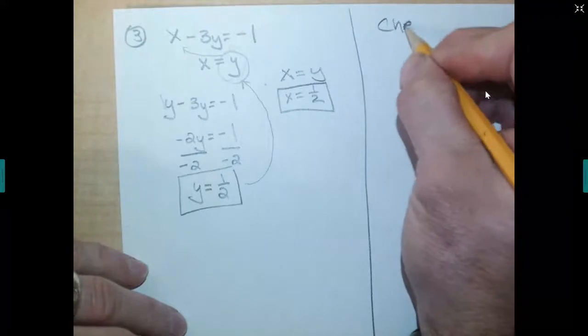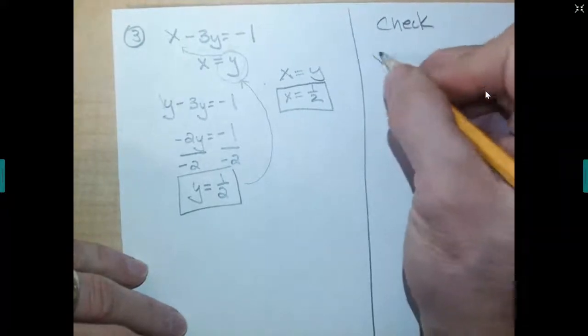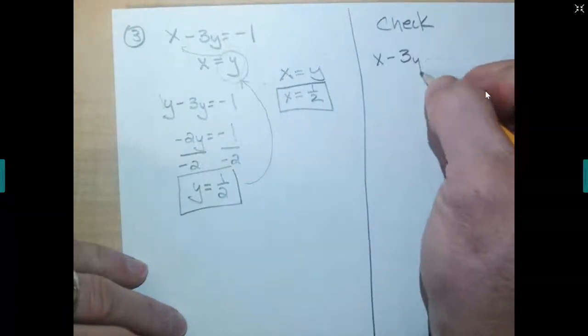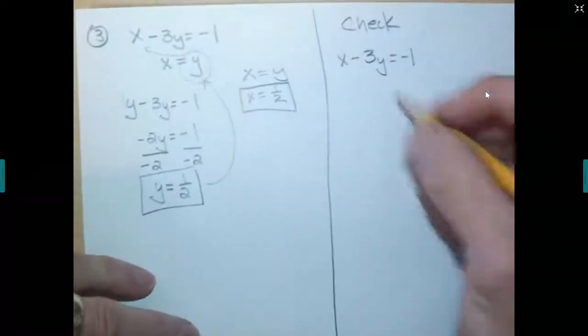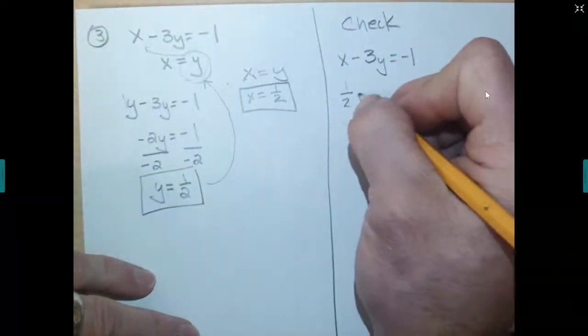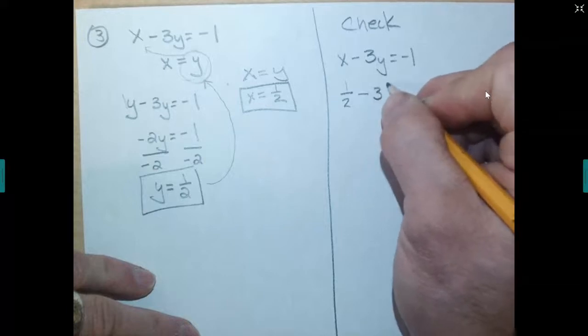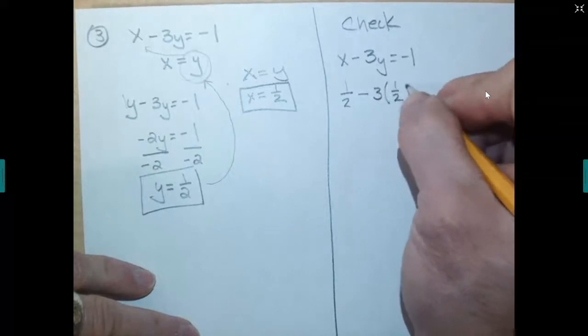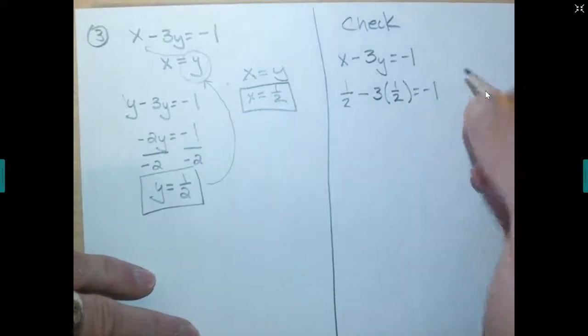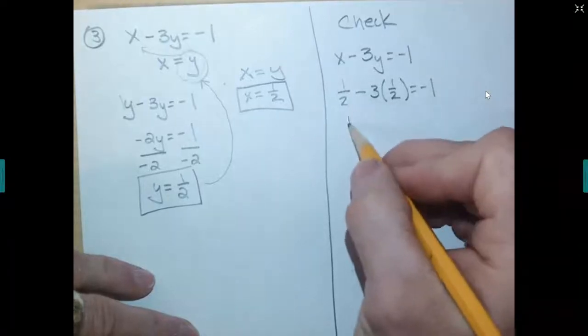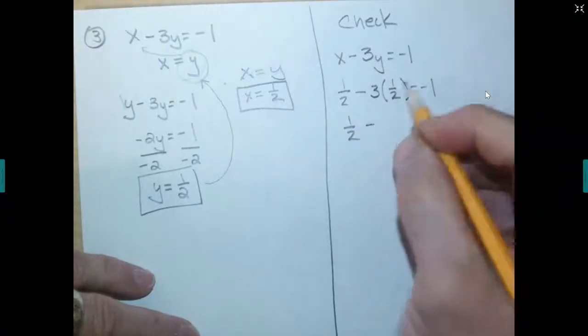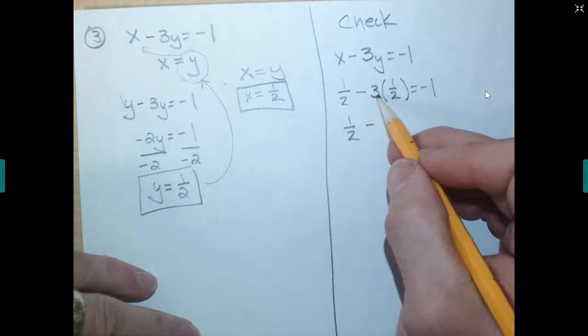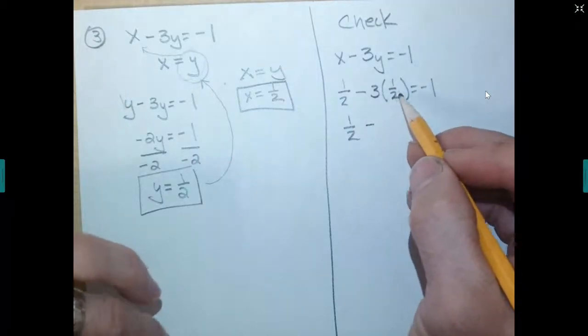So I have x minus 3y equals -1. So 1/2 minus 3 times 1/2 equals -1. What's 3 times 0.5?